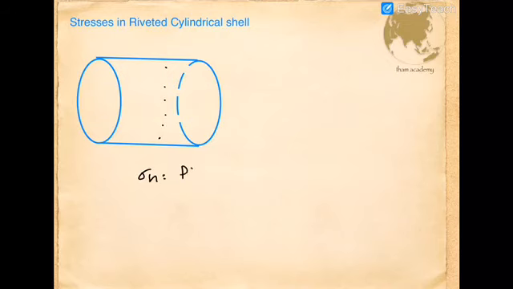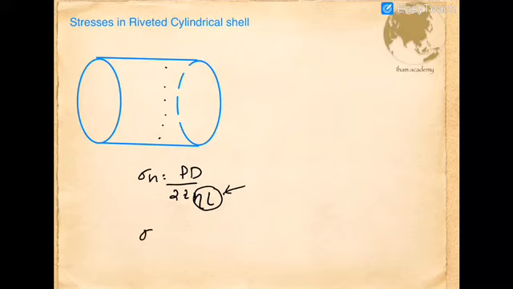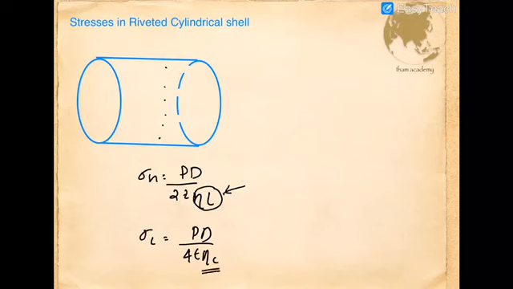In such a condition, sigma h is calculated as PD divided by 2T mu L, where mu L is the efficiency of the rivet in the longitudinal direction, and the corresponding sigma L is given by PD divided by 4T mu C, where mu C is the efficiency in the circumferential joints.